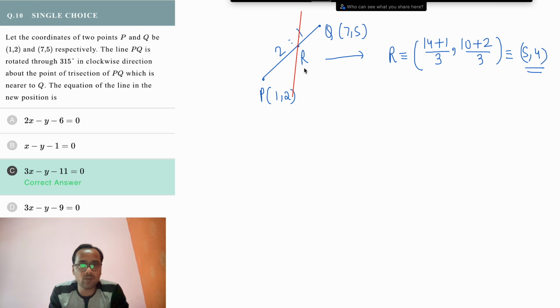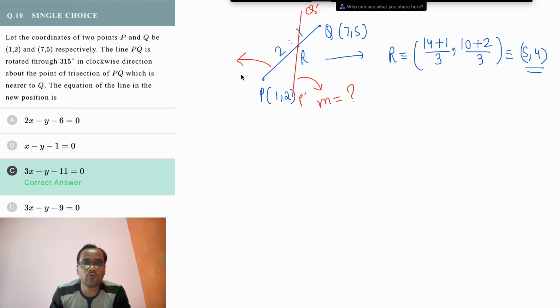Q will be coming here, Q dash, and P will be coming here, P dash. We want the equation of P dash Q dash. Simple. So P dash Q dash will be passing through (5, 4) first of all. If we are able to get the slope of this P dash Q dash, let's say m, then we can get the equation of P dash Q dash.